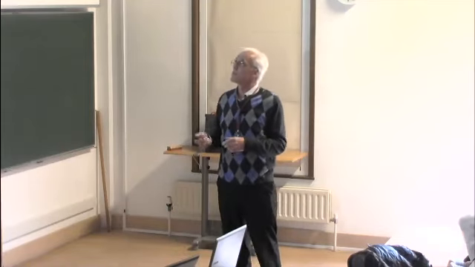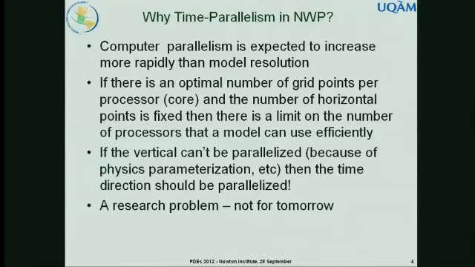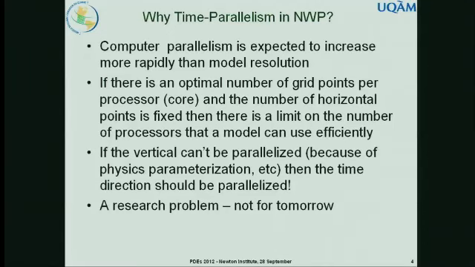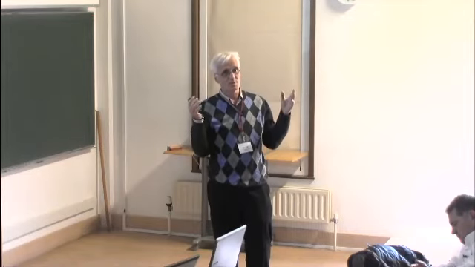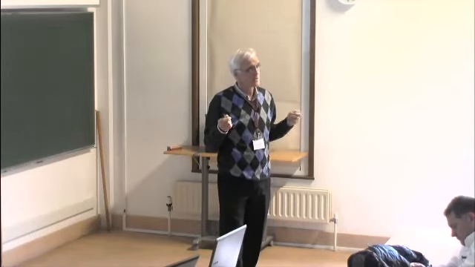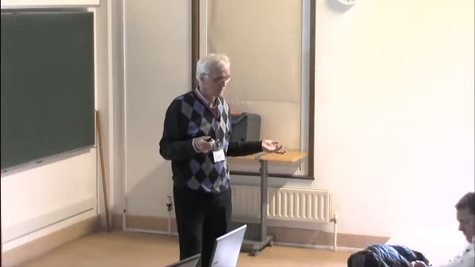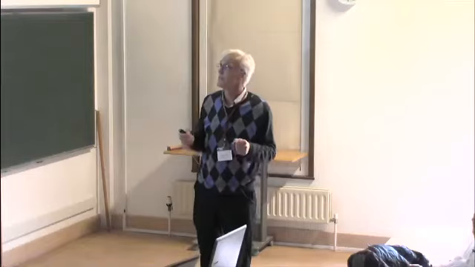So why time parallelism? So it's obvious that there is a limit to parallelization in space. And for all of the models that I know, parallelism is only done on the horizontal, not on the vertical. So if you set your goal at a fixed resolution, then you have a number of grid points, and there is an optimal number of grid points that you can put in a processor. Otherwise, you're wasting it. So you're just paying the electricity for nothing.